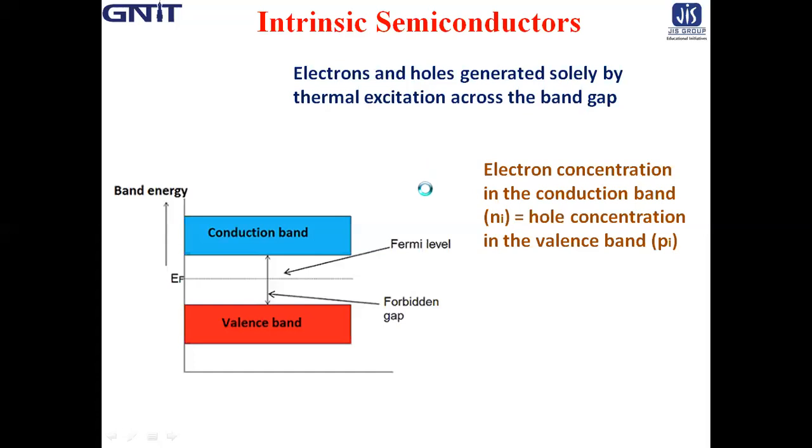Now come to the point of what different types of semiconductors are present. Intrinsic semiconductors and extrinsic semiconductors, these are the two different semiconductors present. First let us start with the intrinsic semiconductor.